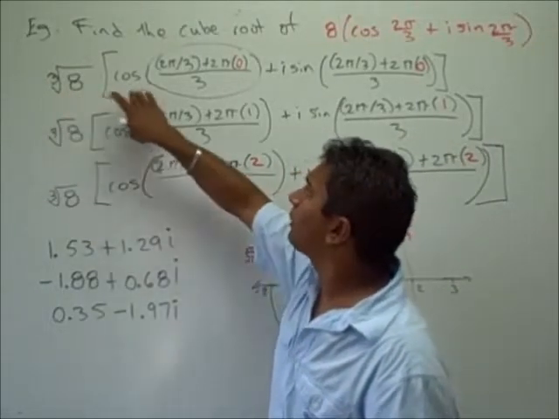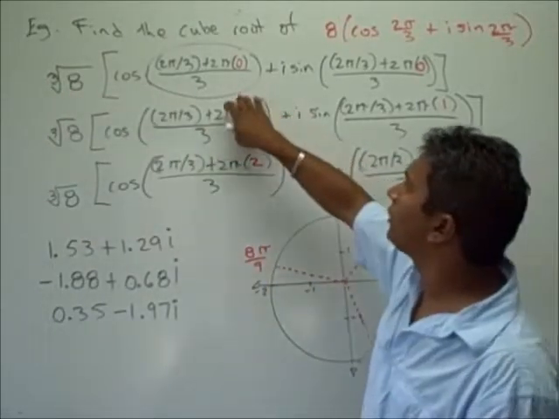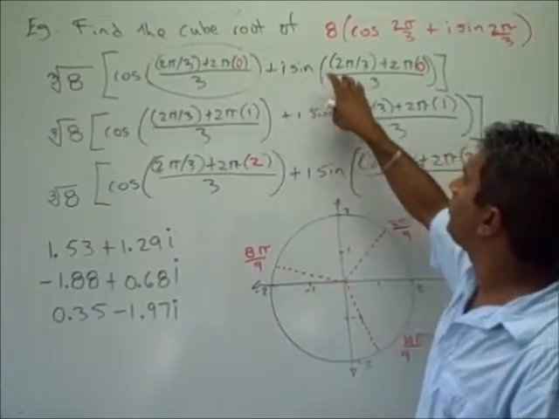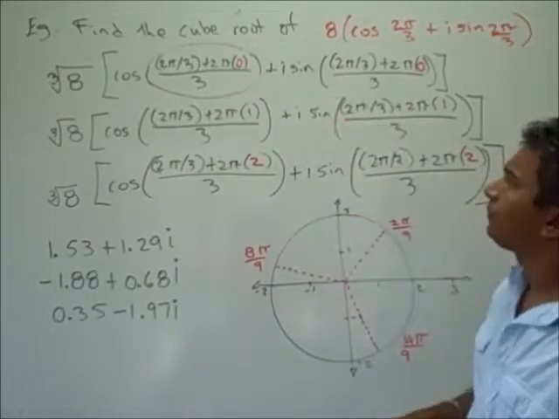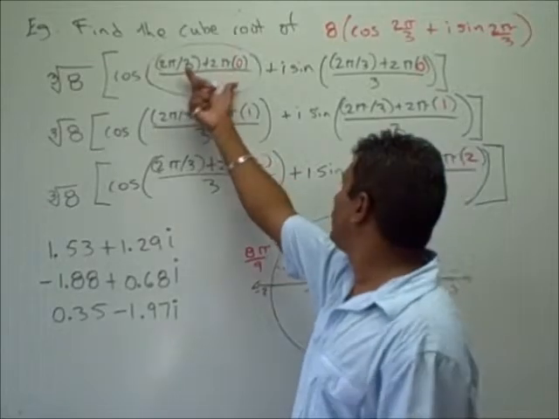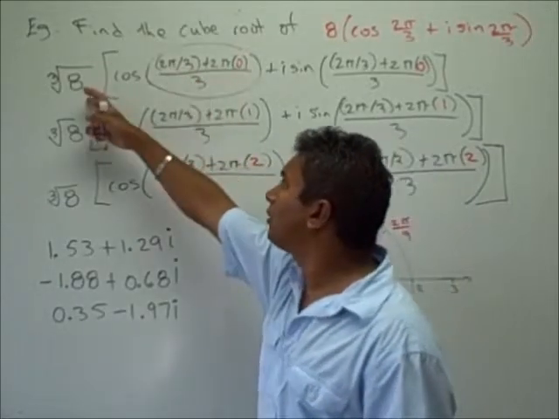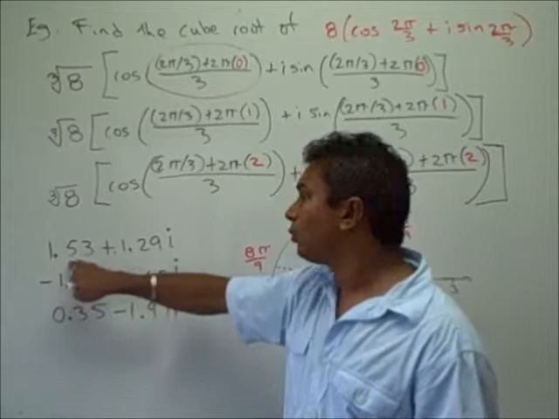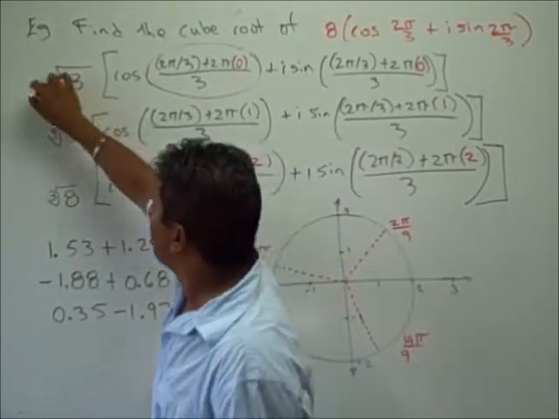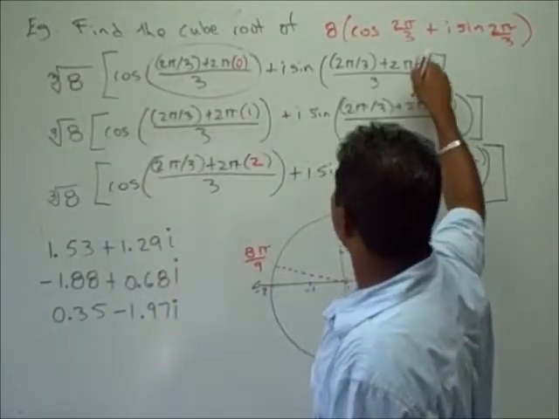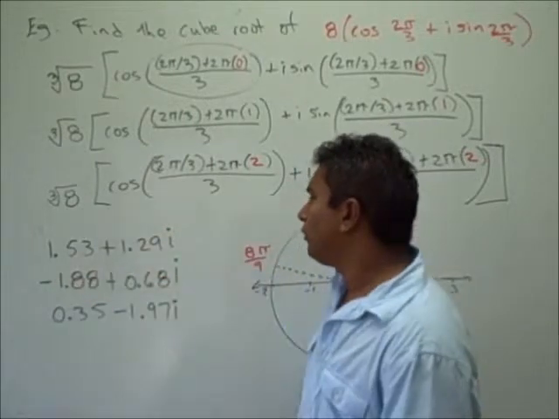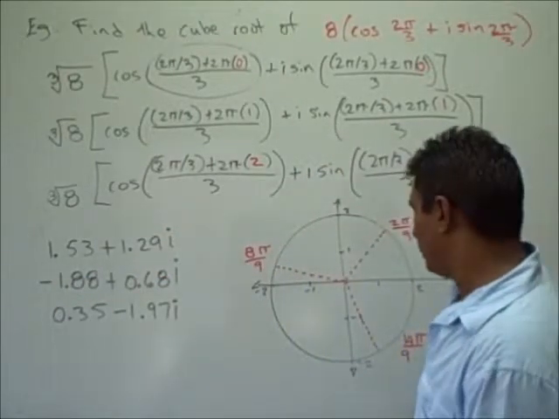So this is 2 times the cosine of 2 pi over 9 plus i sine of 2 pi over 9. Now when we find the cosine of 2 pi over 9 and multiply it by 2, this gives us 1.53. So all of this line here will simplify to give us 1.53 plus 1.29i.